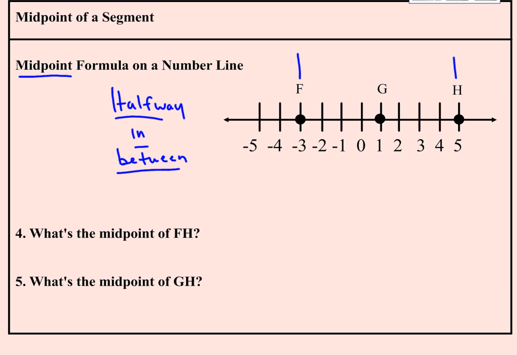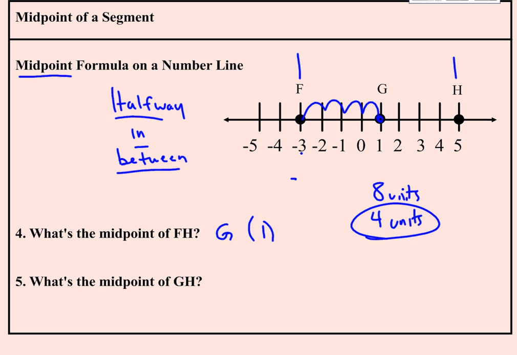Well, F to H is 8 units long. So I need to go half that, so 4 units. So 1, 2, 3, 4. So G, which is at the location of 1, is going to be the midpoint of FH.